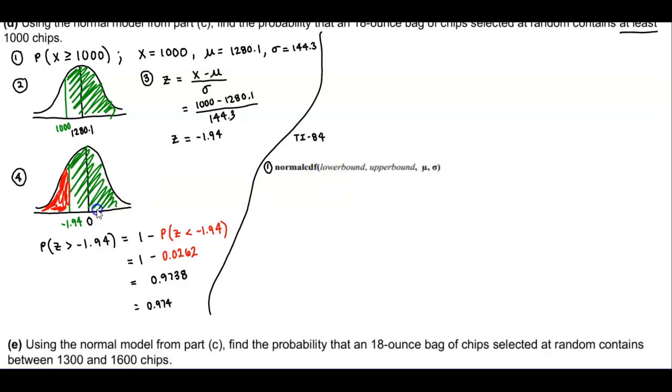Well, since we're looking for the green area, the lower bound is going to be negative 1.94. The upper bound is going to go to 9999. We know that our mean is 0 and our standard deviation is 1 because we're using the z-score. So let's go ahead and solve that on our calculator.